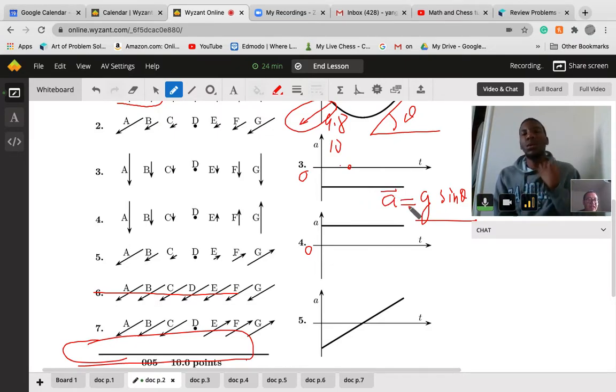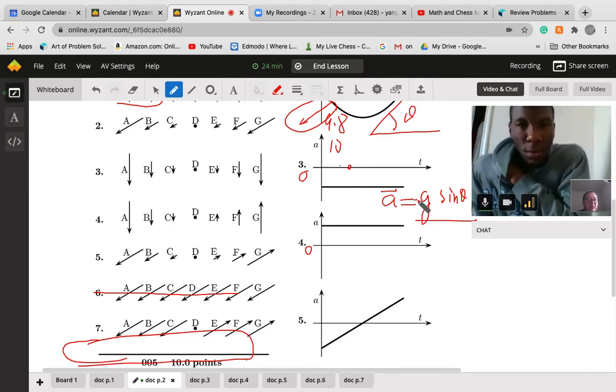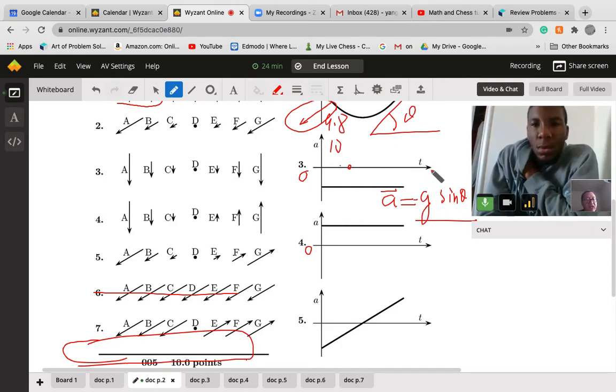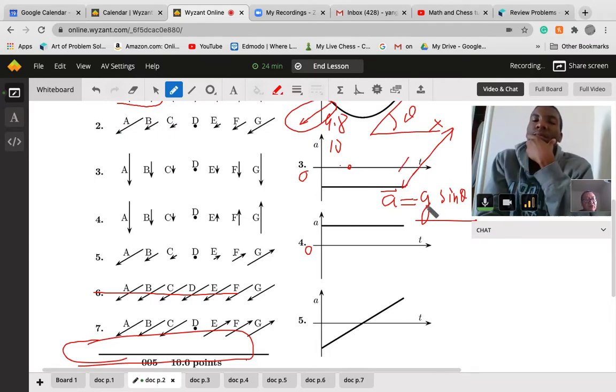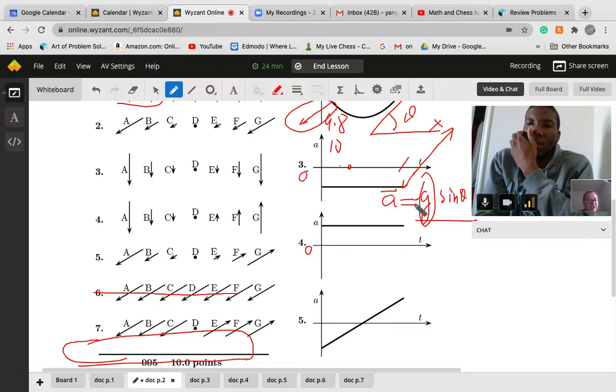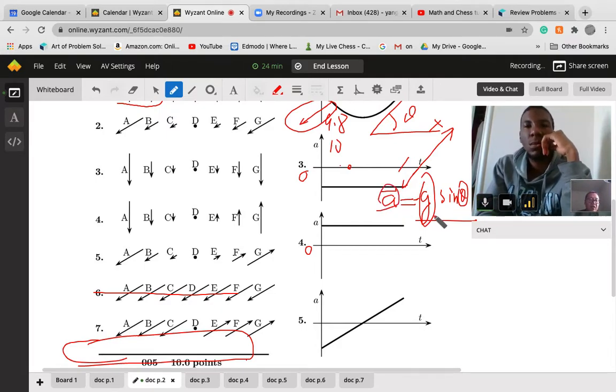So this acceleration equals g times sin theta. And this one's negative because they tell us going up is the positive direction. Our acceleration goes down, so that means this one's negative. But this g is constant, sin theta is also constant. So that means a is a constant. So the correct answer is 3.